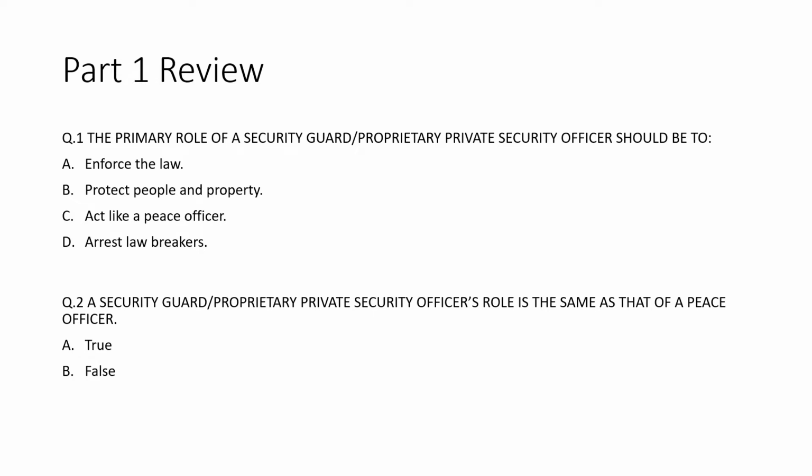And guys, I would have a piece of paper and write down your answer to these as I say them, and then shortly you will see the correct answers to each of these questions, and as we go forth, they'll be in the same type of format. Question 2. A security guard, proprietary private security officer's role is the same as that of a peace officer. True or false?